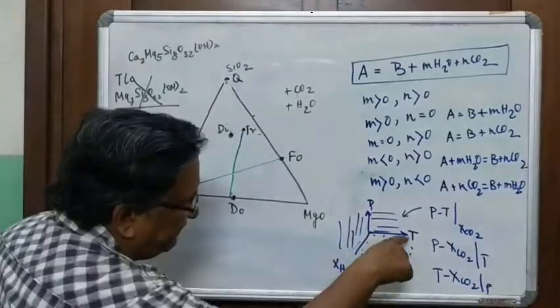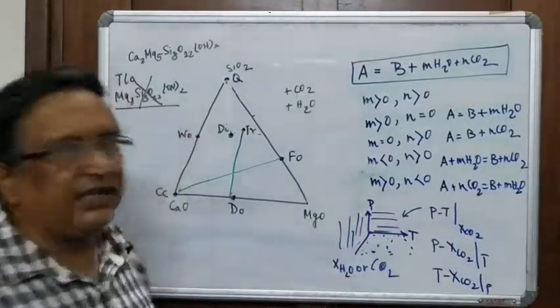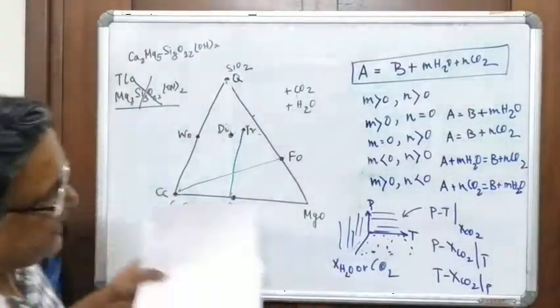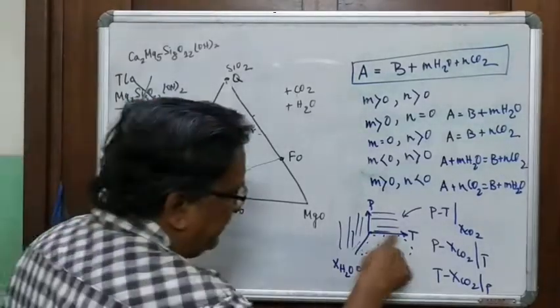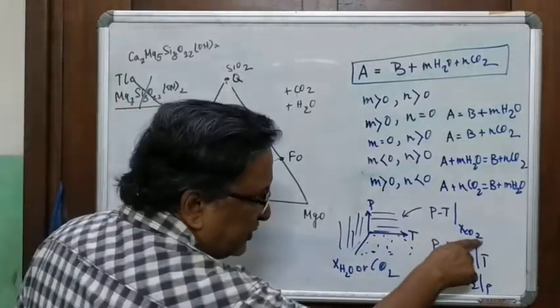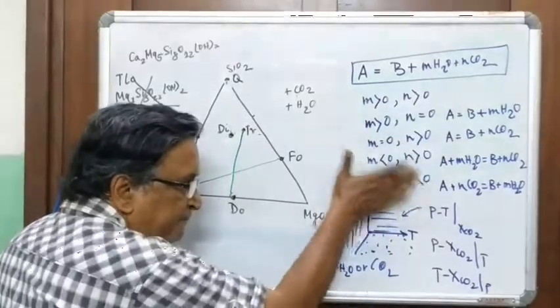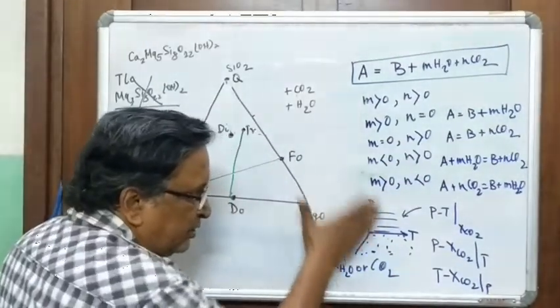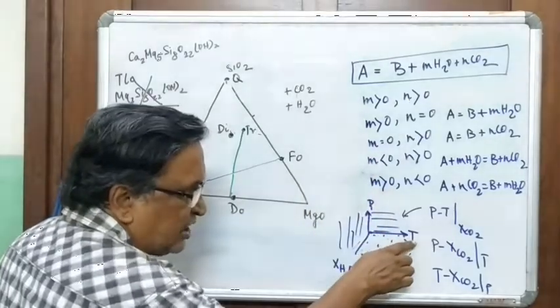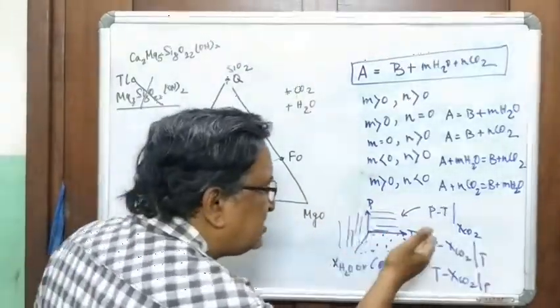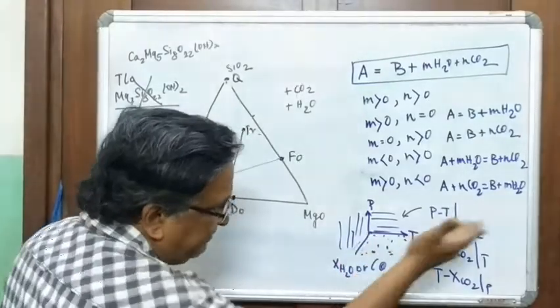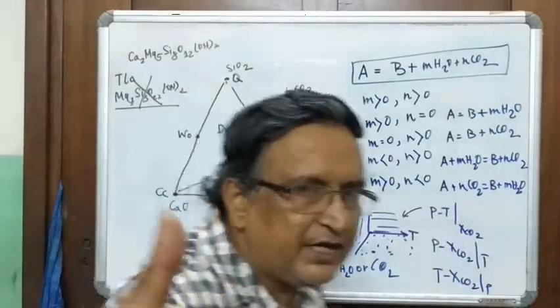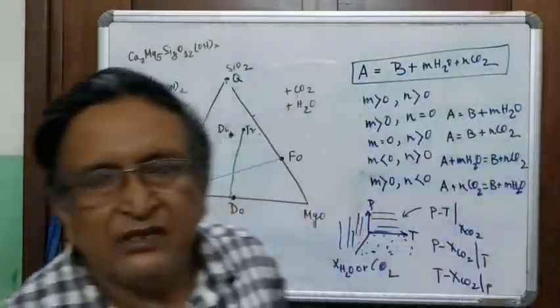You can examine the reaction in a PT space where XCO2 is constant, this plane, or you can have it at PXCO2, this plane. You can take innumerable sections with T constant, or you can take this TXCO2 basal plane and intersect it at different pressure conditions. And you will be able to see the reactions.